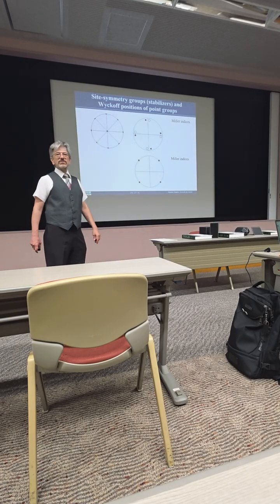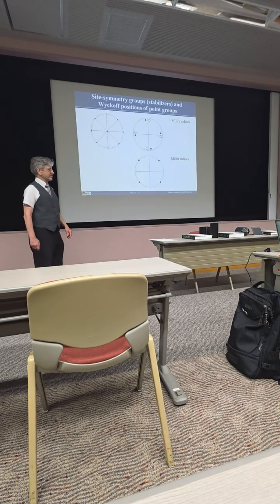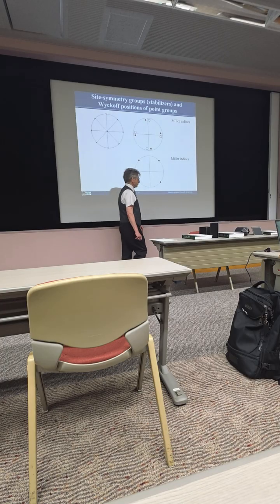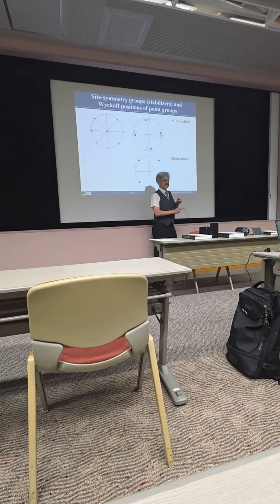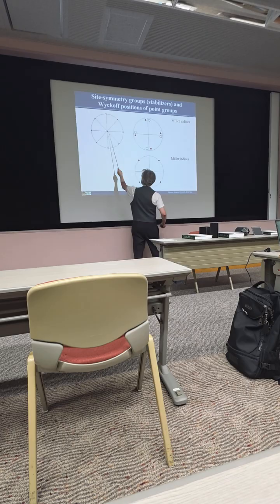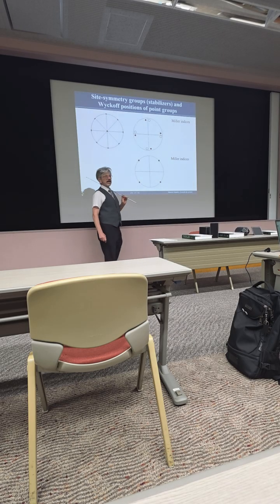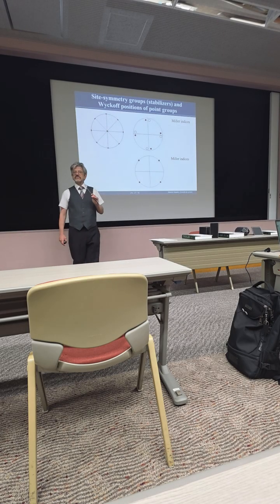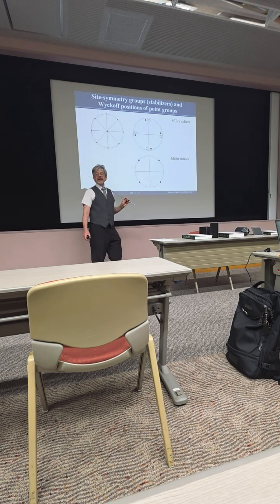Can you read the point group from the stereographic projection? Here we have an axis of order 4. It's a 4-fold rotation axis. And here we have a tetragonal crystal. Here we have the symbol of 2-fold rotation axes.